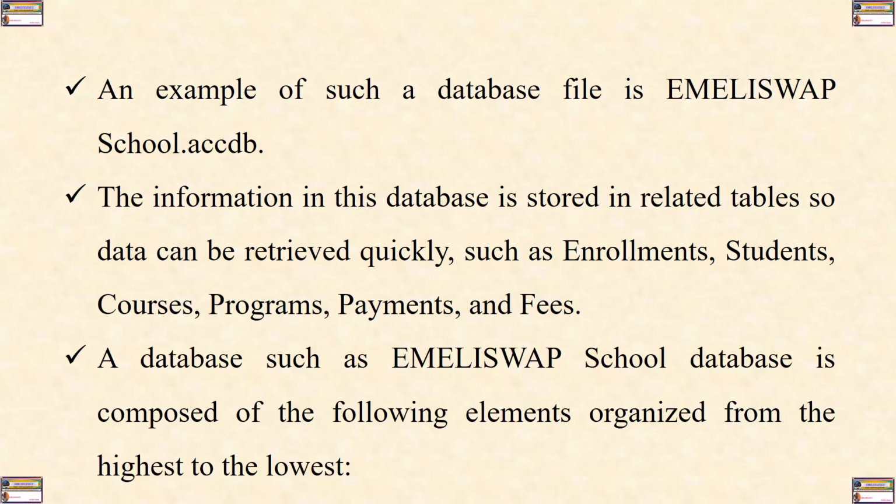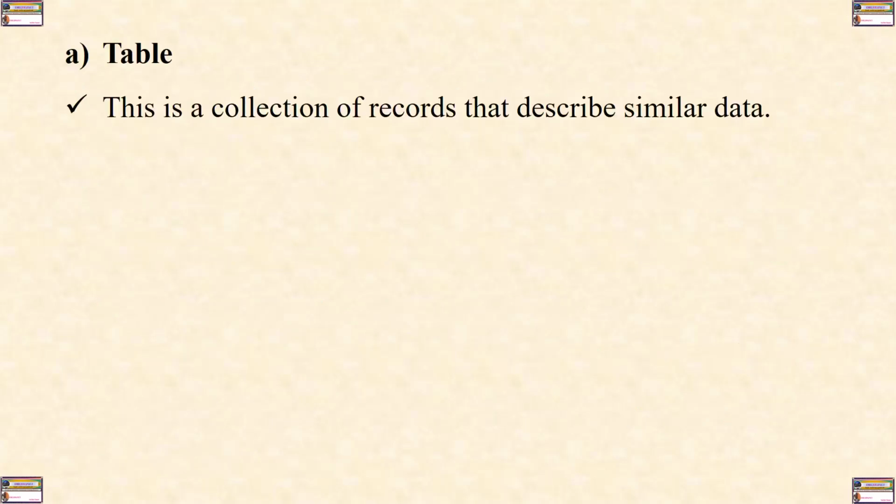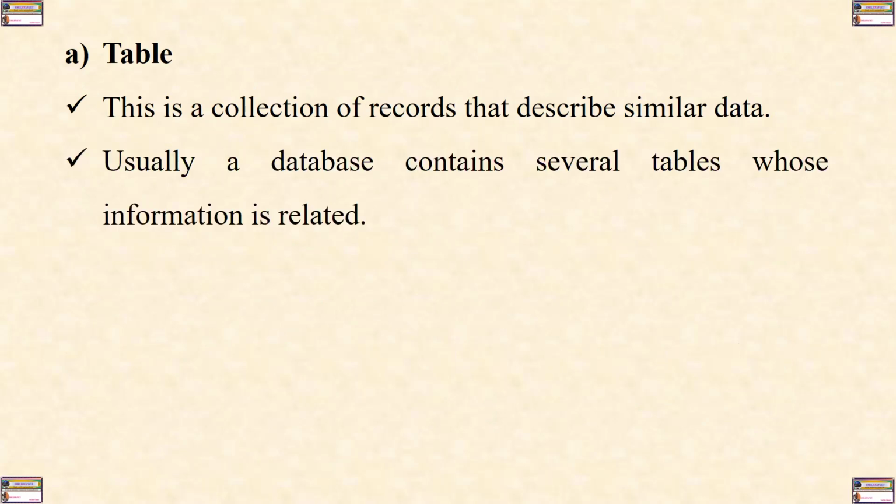So a database such as a MediSwap School will be composed of the following elements, organized from the highest to the lowest. So we are going to have tables, and when we speak about the table, we are simply talking about the collection of records that describe similar data.